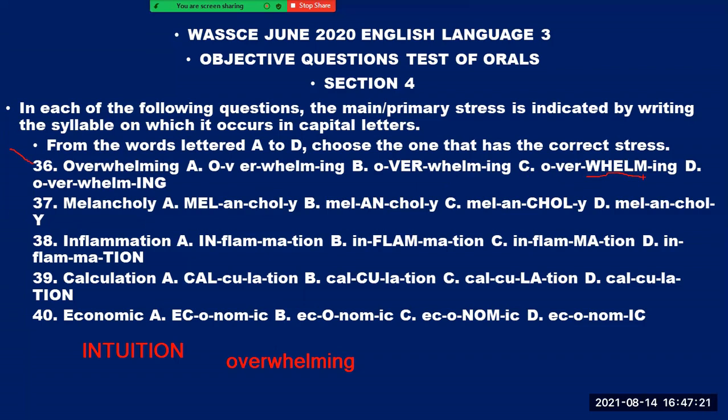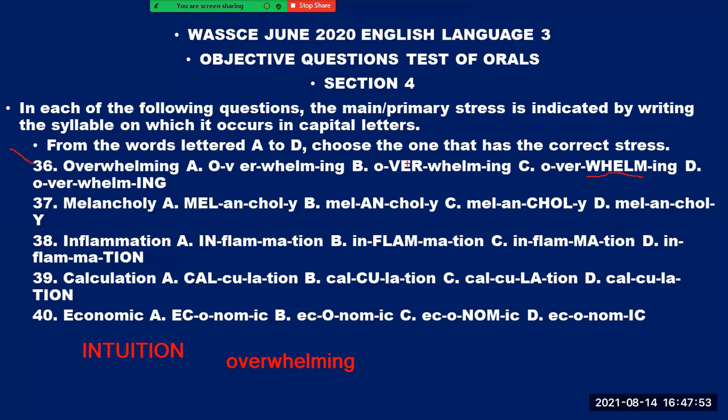We can rely on the rule of intuition because we have heard this word pronounced over time by users of the language, and we know that people say overwhelming. People do not say overwhelming, and people do not say overwhelming. No, people say overwhelming.